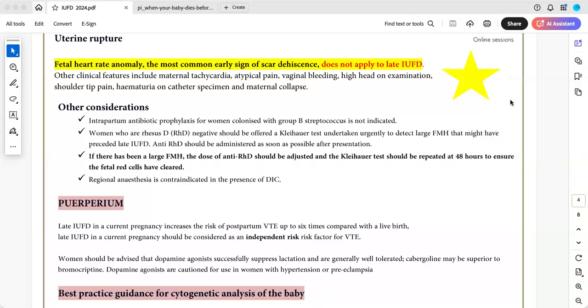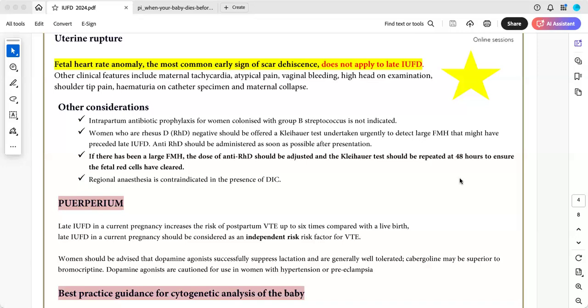But remember, in the cases of a large fetal-maternal hemorrhage, after you adjust the dose, the Kleihauer-Betke test should be repeated. When? It should be repeated at 48 hours. So you will do a Kleihauer-Betke test, give the anti-D, and adjust the dose according to the fetal-maternal hemorrhage result.